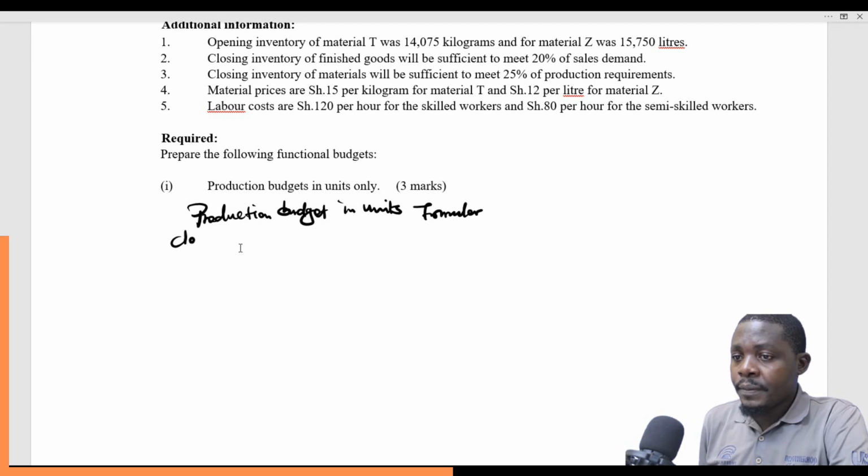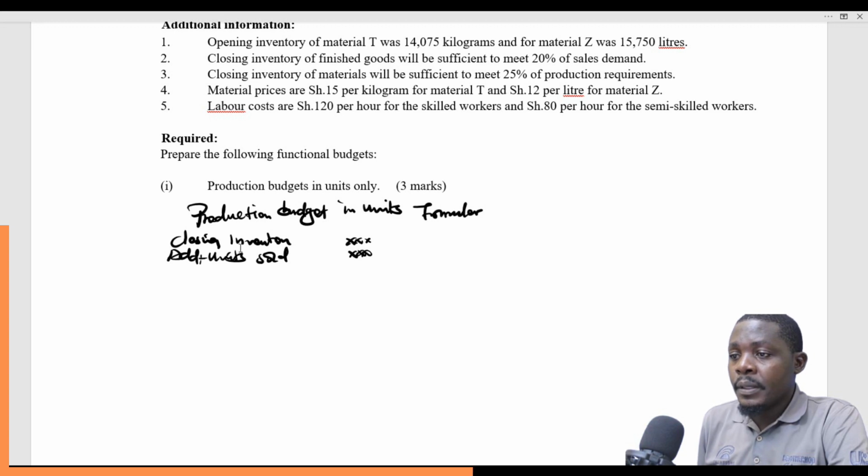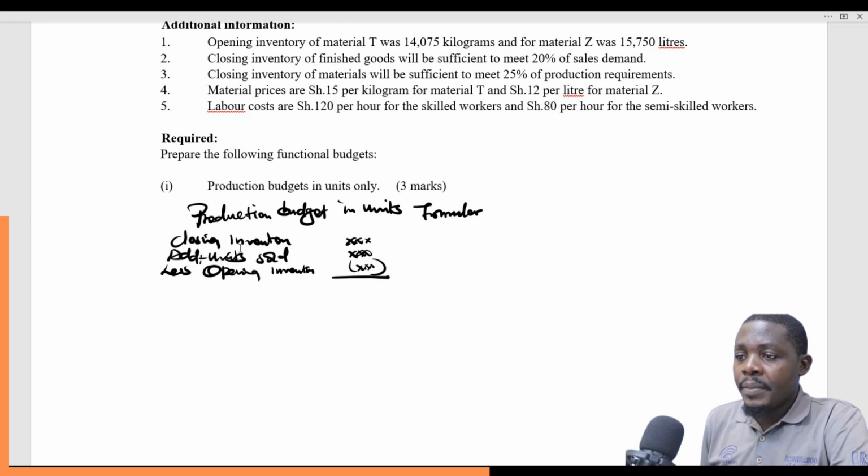Closing inventory, which we put as X, we add units sold, then we less opening inventory, which is XX. Whatever we get becomes our production budget in units.